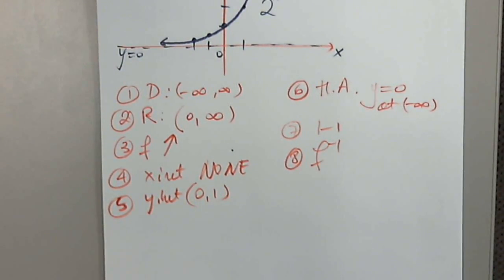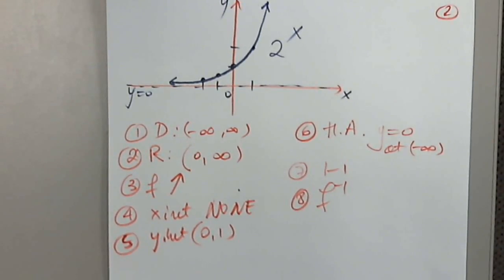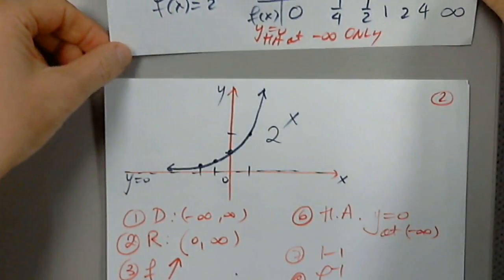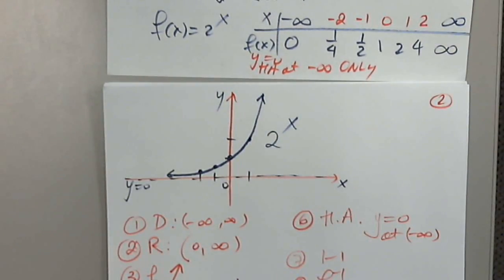Very good. Okay. I don't know anything about the inverse function, but I'd like to graph it here together with 2 to the x. So, can anyone give us a couple of ordered pairs that I need to use in order to graph the inverse function? 1, 0.